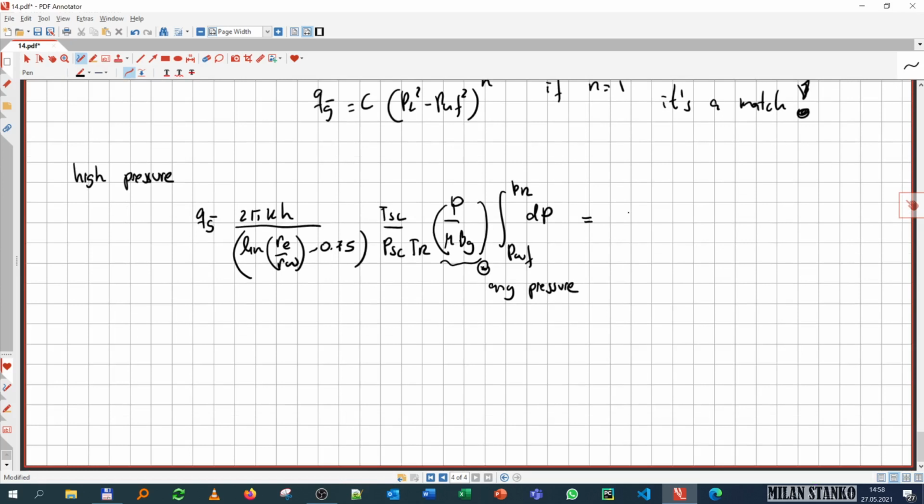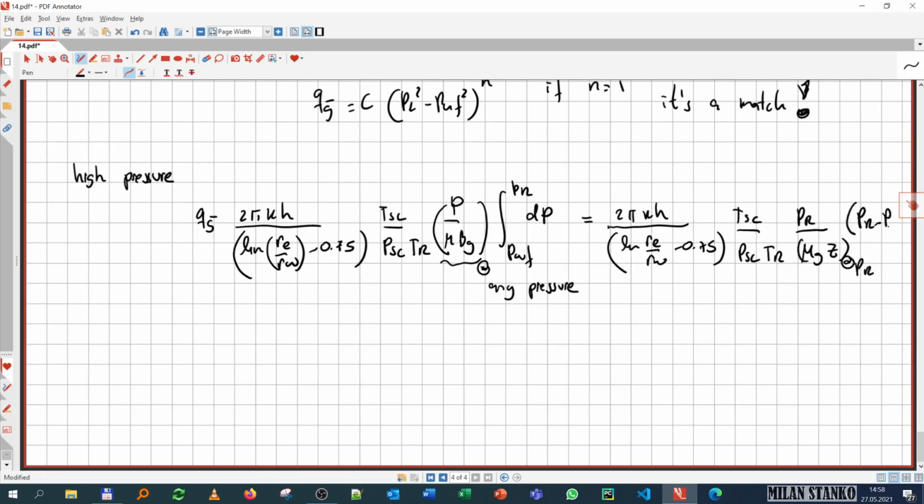So this ends up with 2 pi kh divided by ln(RE/RW) minus 0.75, T_SC, P_SC, T_R, and then I have the mu B_g set at P reservoir, and then I have PR minus PWF.